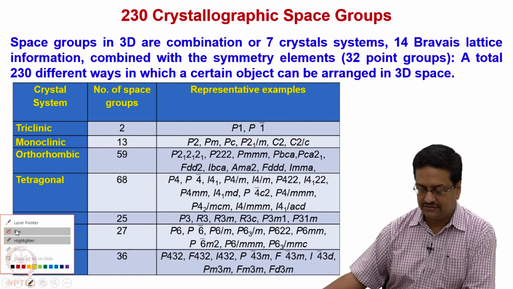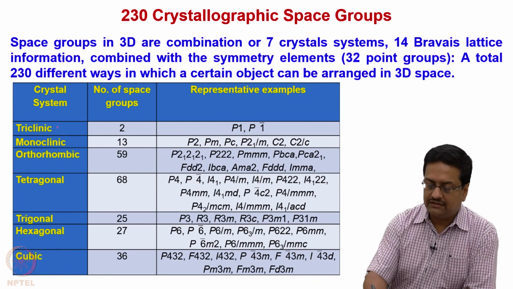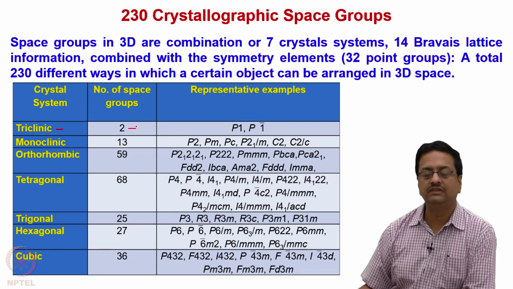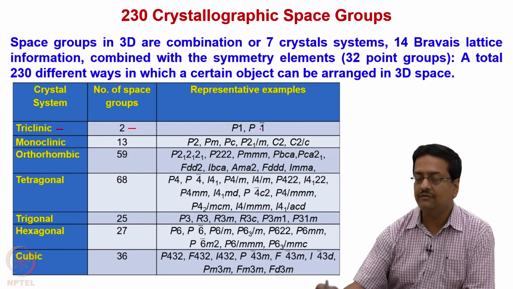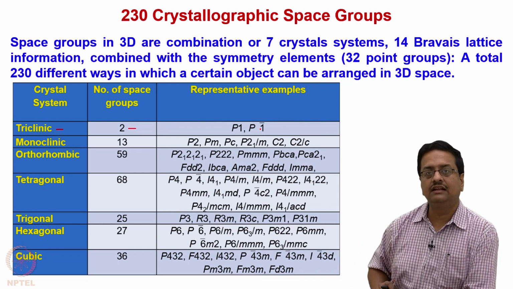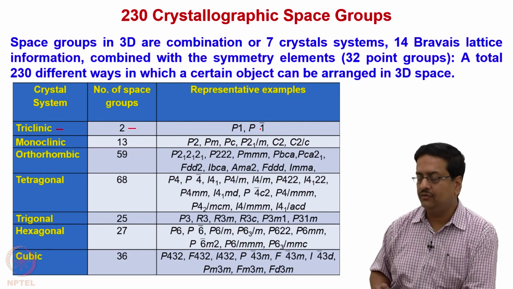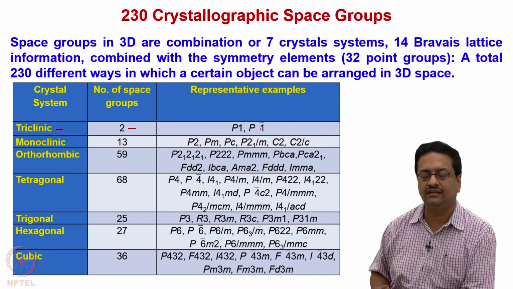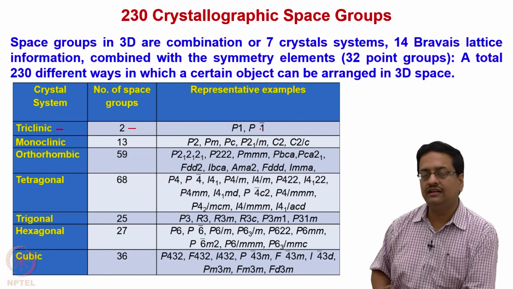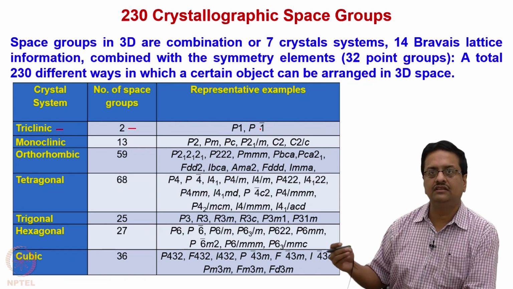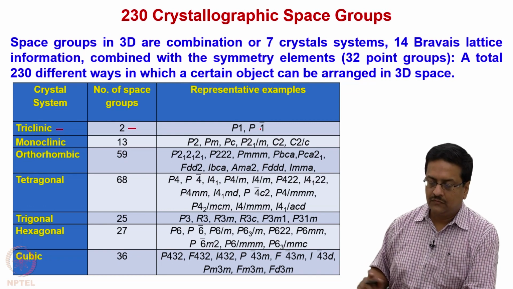Here we have, under Triclinic, 2 space groups which are only P1 and P1 bar, which means the first letter P stands for primitive and 1 or 1 bar stands for the corresponding symmetry that is present in that. So 1 means there is no symmetry, and 1 bar, as we already know, means the inversion center.